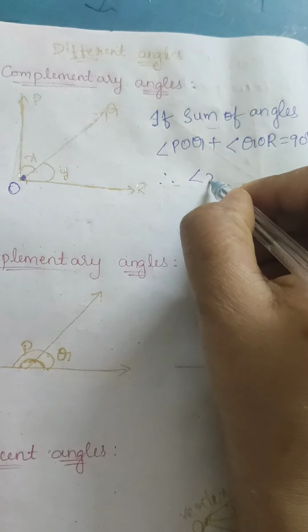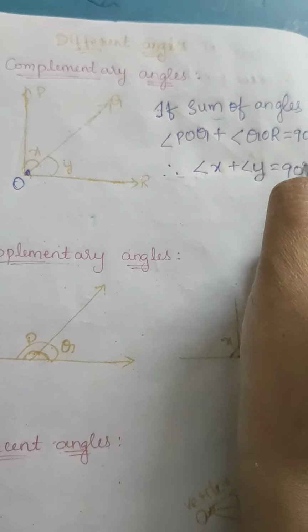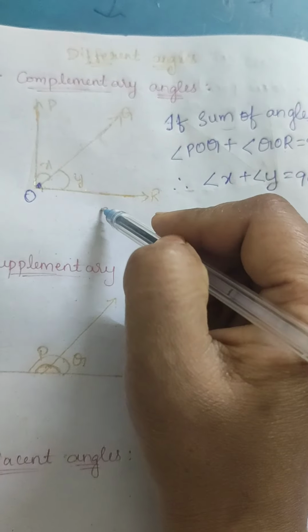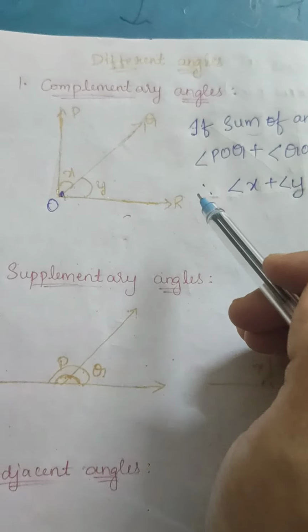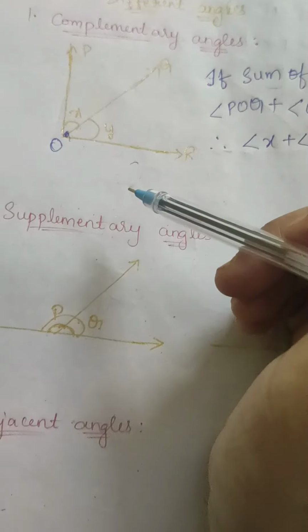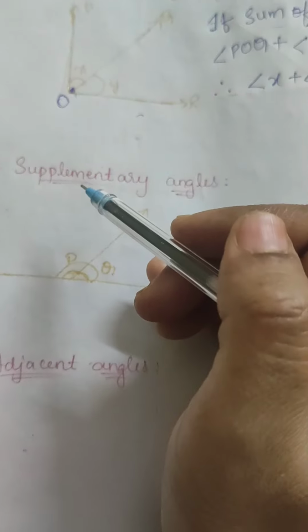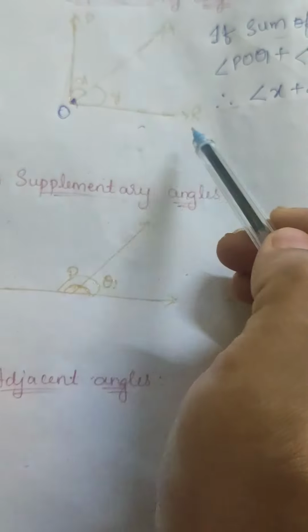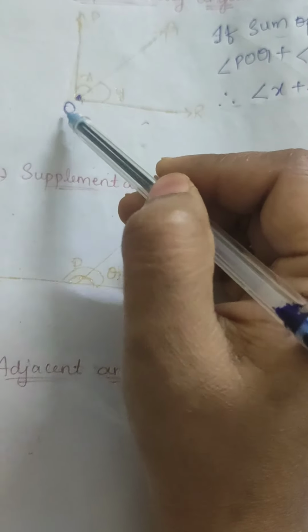That is, angle X plus angle Y is equal to 90 degrees. If two angles' sum is equal to 90 degrees, then those are complementary angles. Now here in POQ, OQ is the arm and O is the vertex.